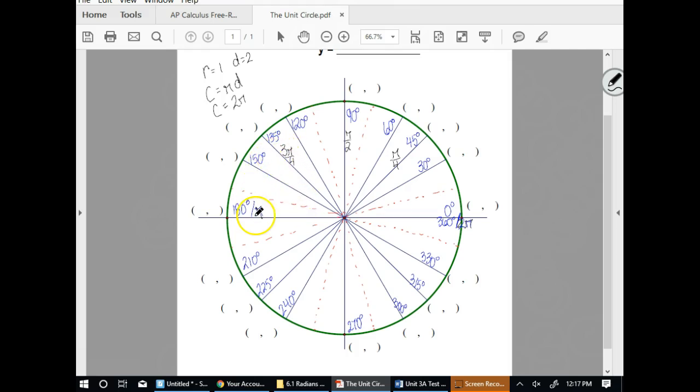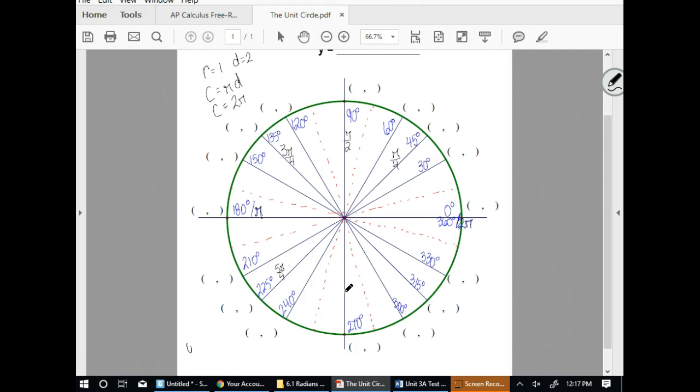If I go another 45 degrees, that would be 4 pi over 4, but that would reduce to just pi, right? Then if I go another 45 degrees, that would be 5 pi over 4. If I went another 45 degrees, that would be 6 pi over 4.